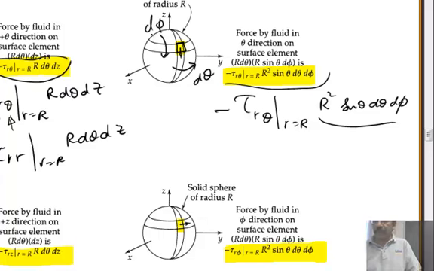Is that clear? That tau r r, is that the pressure? Good question. That's a very perceptive question. Tau r r, because we are saying that it is on the r surface in the r direction. So his question is, is it the pressure? The answer is no. Pressure is separately taken out.